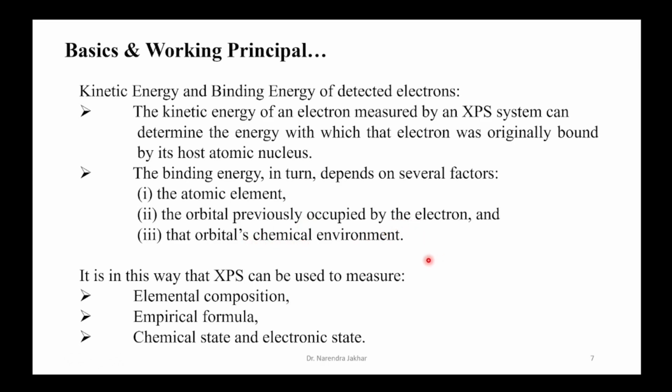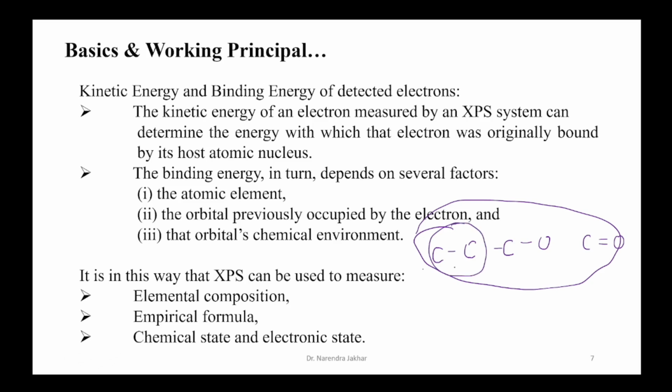Again, suppose carbon is present in the sample surface and carbon is making different bonds: C-C, C with O, and C with a double bond to O. XPS tells us how much of the carbon makes a single bond with carbon, how much makes a single bond with O, and how much makes a double bond with O.